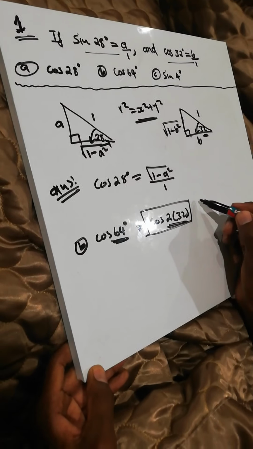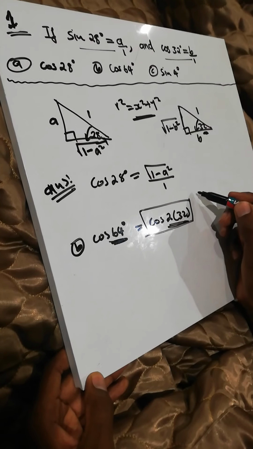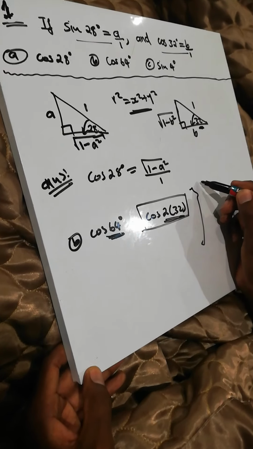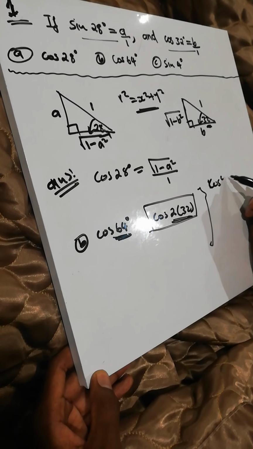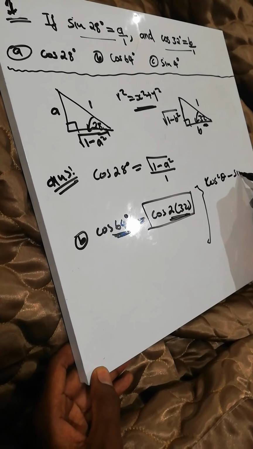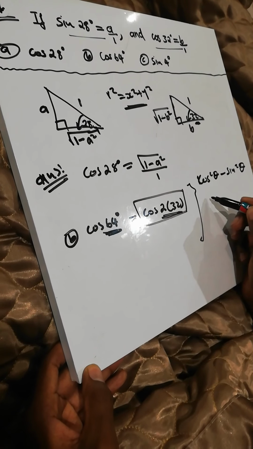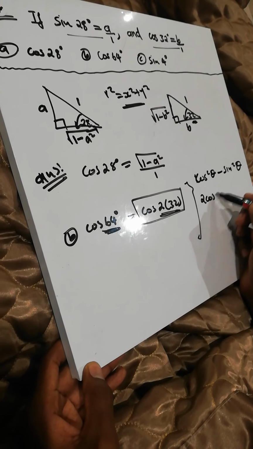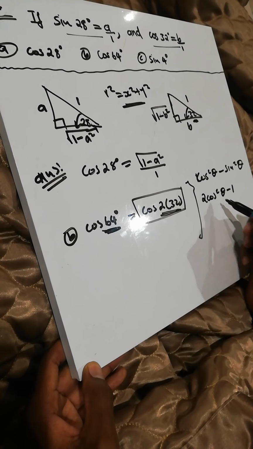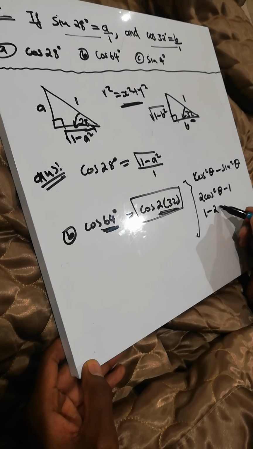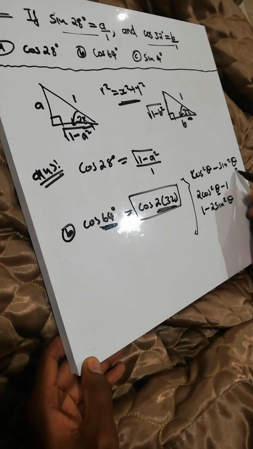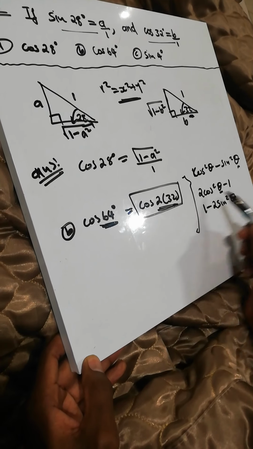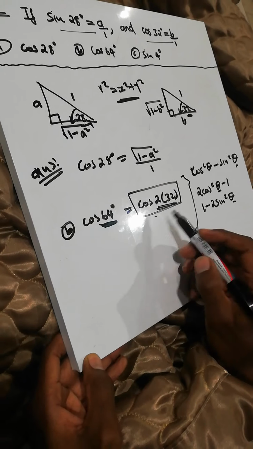So we know that cos has 3 double angle identities. The first identity is cos squared of theta minus sine squared of theta. The second one is 2 cos squared of theta minus 1, and the last one is 1 minus 2 sine squared of theta. Now instead of theta, in this case we have 32, therefore we can choose one of these and represent this one with that.